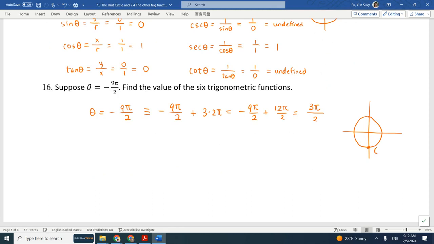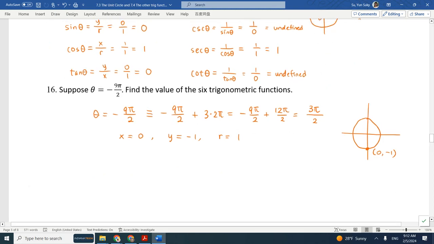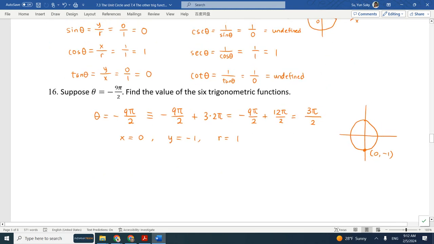What's the x-coordinate? Yeah, exactly. So our x is 0. Our y is negative 1. And what's the r? R is 1. Is that okay, everybody? This is the unit circle. Radius is 1.